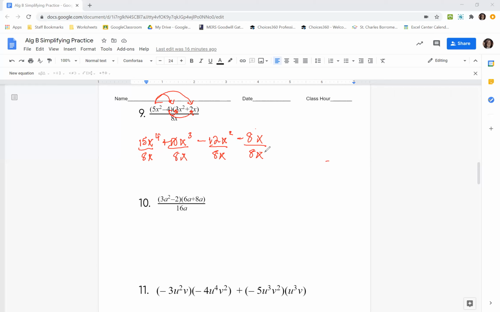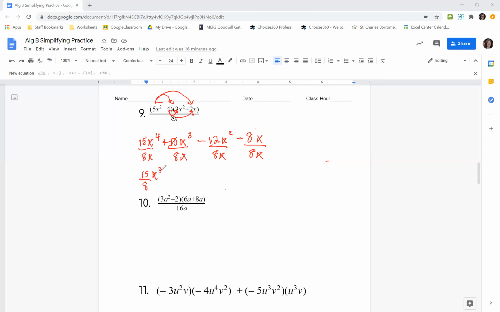Okay. All right, so the first thing you want to do is make sure you look at your coefficients and either divide those coefficients or simplify that fraction. I have 15/8. Okay, 8 does not divide evenly into 15, and there's nothing I can do to simplify 15/8. So it will still stay 15/8. Okay, and then I have x to the 4th divided by x is x cubed.